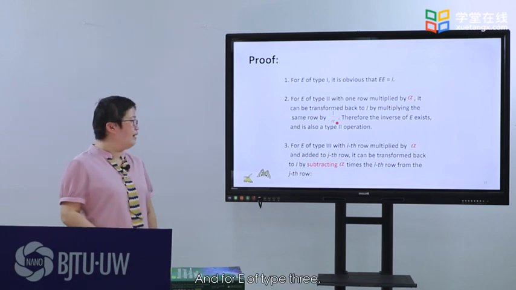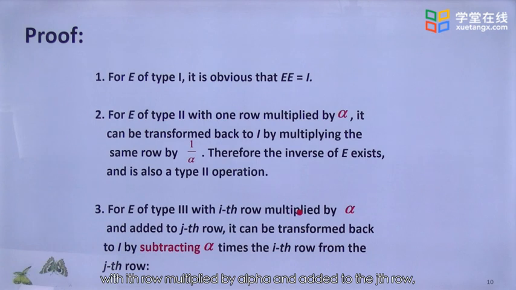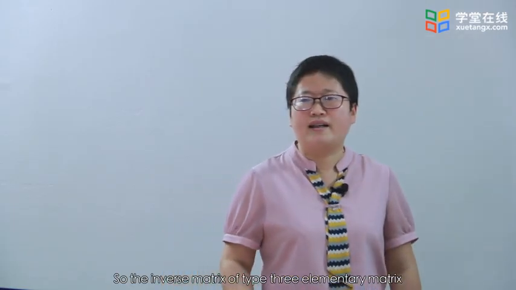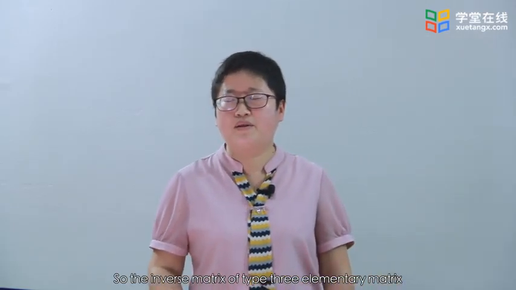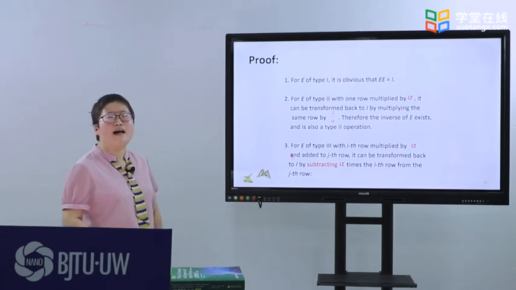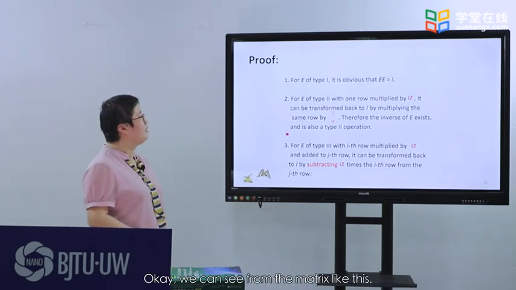And for E of type 3 with the ith row multiplied by alpha and added to the jth row, it can be transformed back by subtracting alpha times the ith row from the jth row. So the inverse matrix of a type 3 elementary matrix is still a type 3 elementary matrix. The multipliers are alpha and minus alpha.